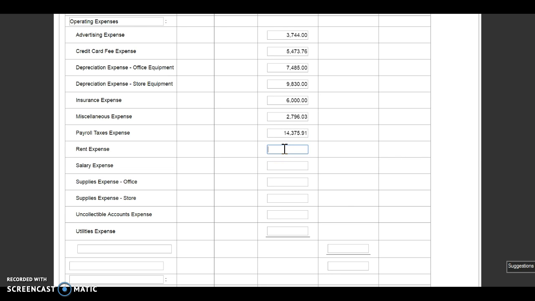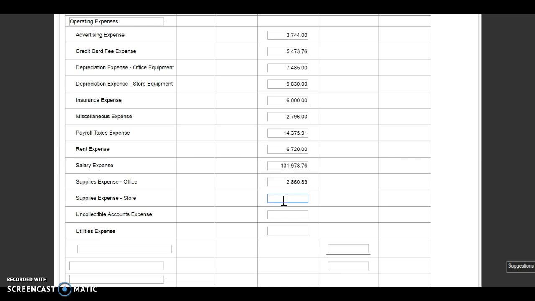Rent expense, $6,720. Salary expense, $131,978.76. Salary expense office, $2,860.89.